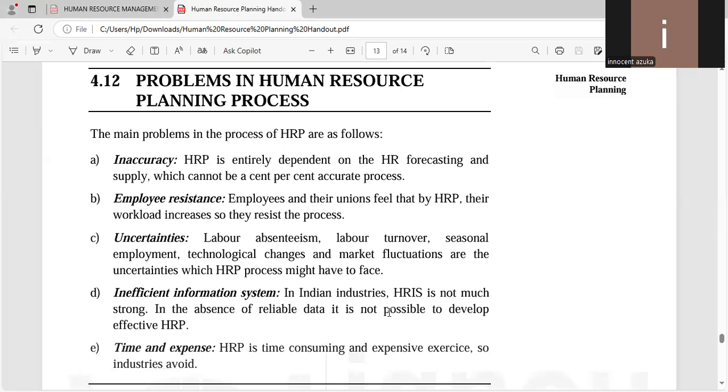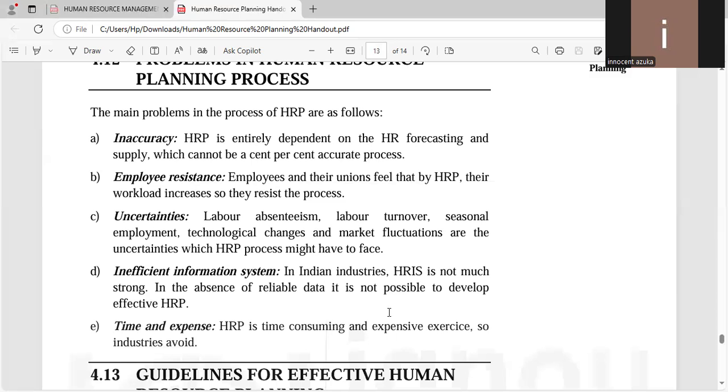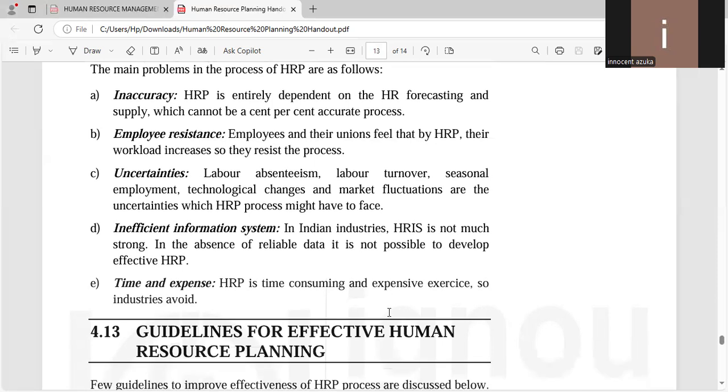Uncertainties include labor absenteeism, labor turnover, seasonal employment, technological changes, and market fluctuations, which the human resource planning process might have to face.